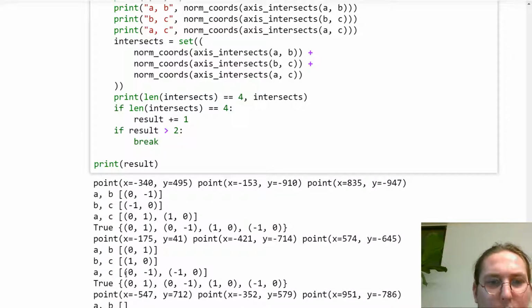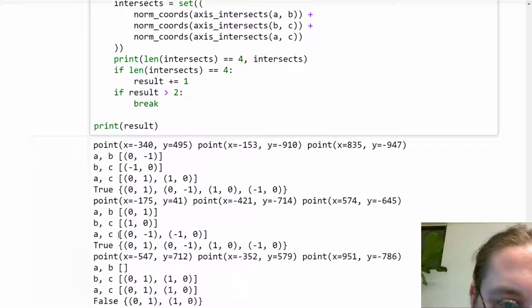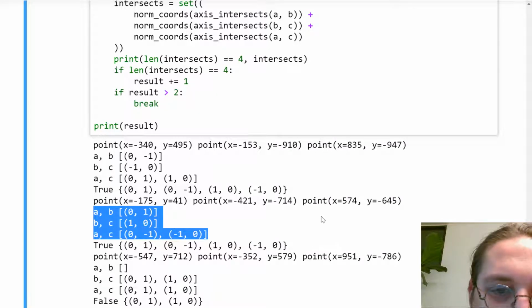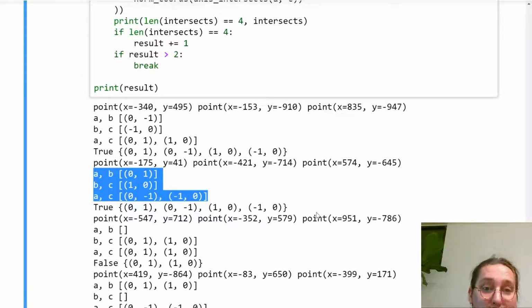Which example are you looking at? Oh god, I'm sorry, I was looking up here. Okay, let's highlight it. It says AB intersects in the north, which is wrong. It should intersect in the east. Should be -1, 0, which is the west.